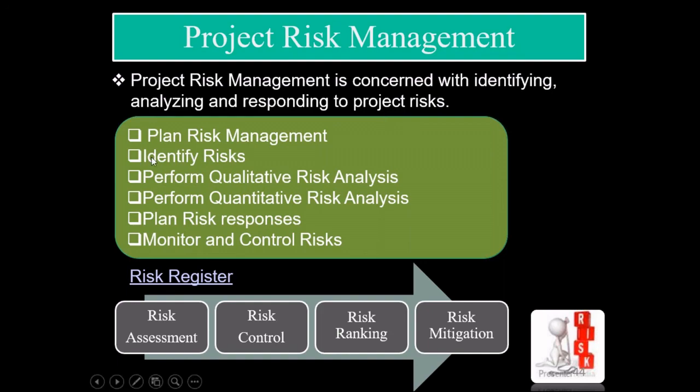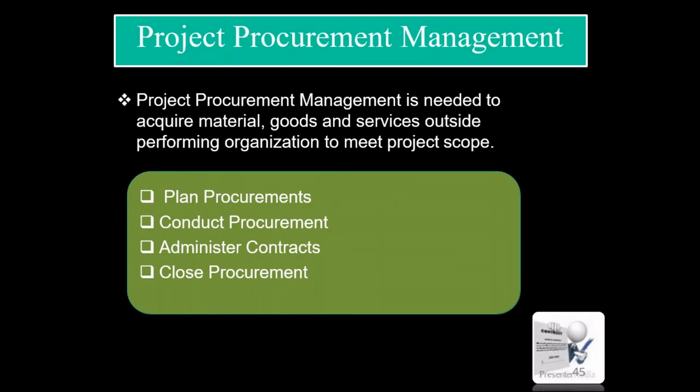We also have to perform qualitative risk analysis, plan it, perform quantitative risk analysis, plan risk responses, monitor and control risk. Then in this phase, the risk is completely mitigated. Assessment, control, ranking, and mitigation. These are the phases in risk management.